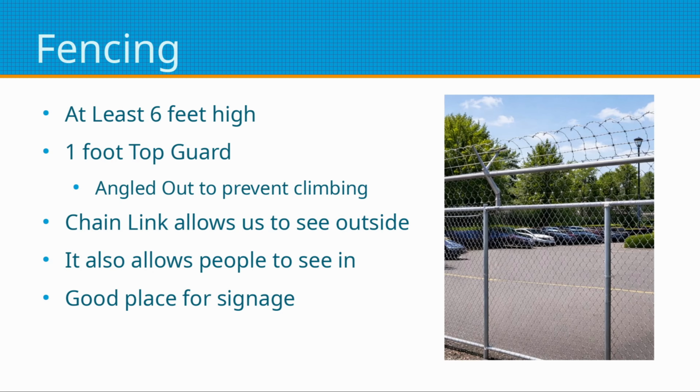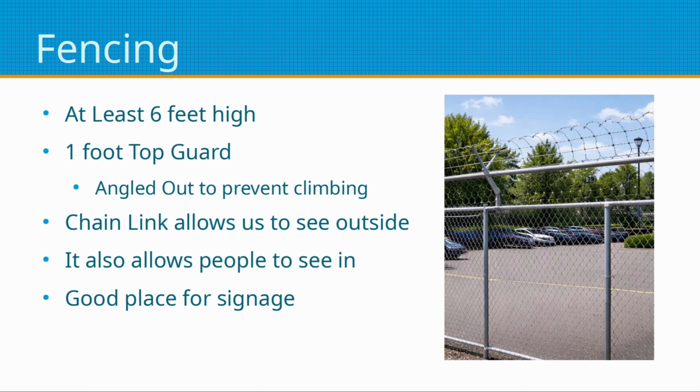It could also just be straight wire, or if it's a high security place, it could be even a concertina or razor wire. It could also be more chain. It's just to make the fence a little bit higher, but it also angles typically out of the property to prevent climbing. So people who are outside of your property aren't able to scale your fence because they can't climb over the top rail because it's angled back out, and so they don't have a way to get over it.